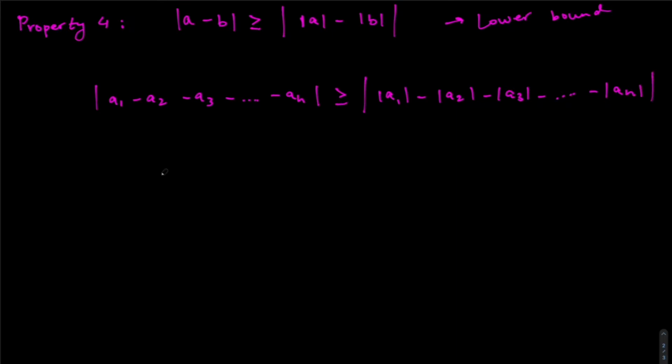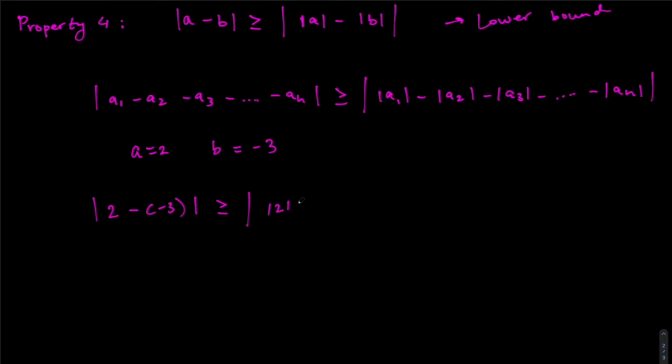Again, I can take two numbers: a as 2 and b as -3. If I do that, I'm going to have modulus of 2 minus -3, which is greater than or equal to modulus of 2 minus modulus of -3.